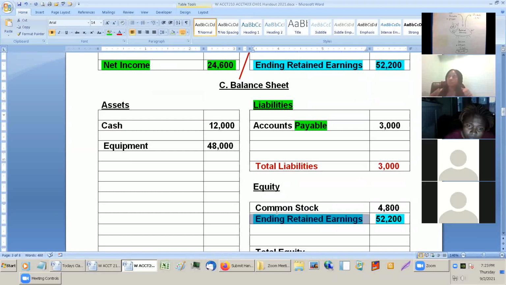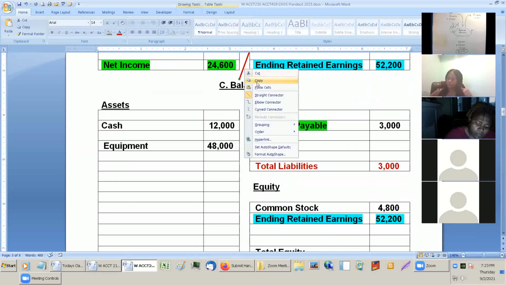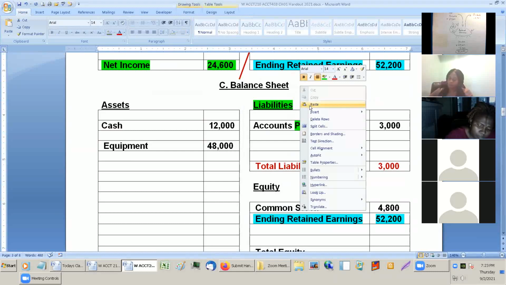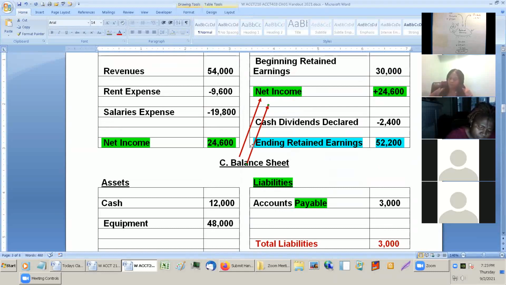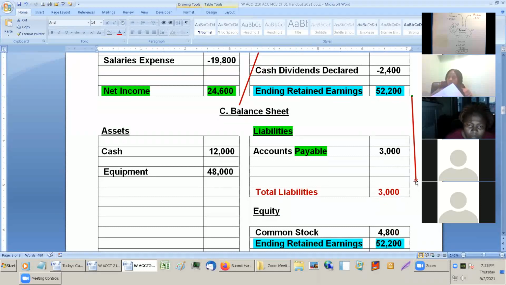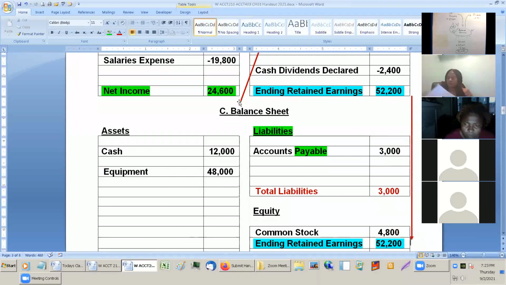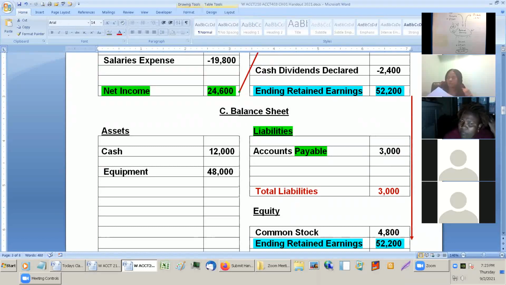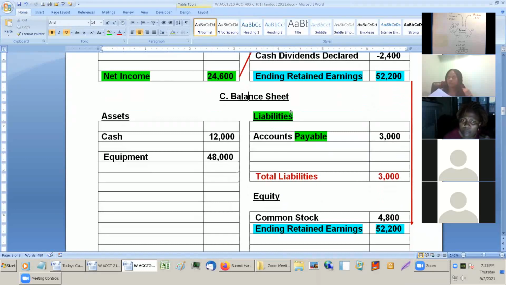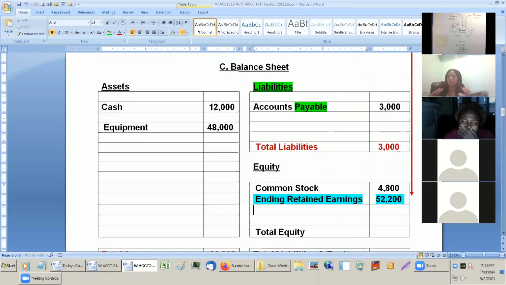Now, this is important. This is the ending retained earnings. So the ending retained earnings comes down to this equity section. Again, it's the ending retained earnings.